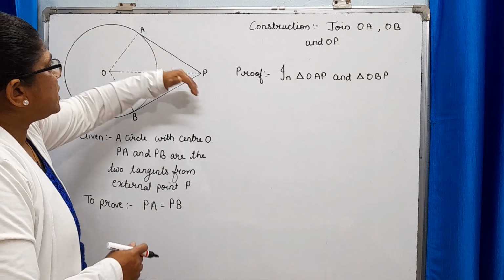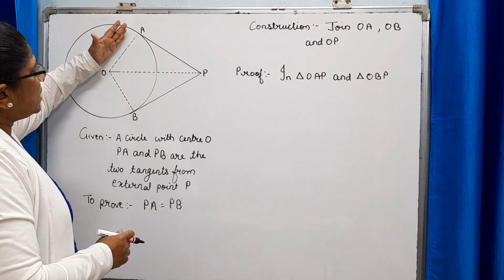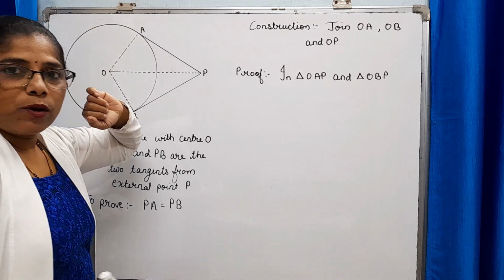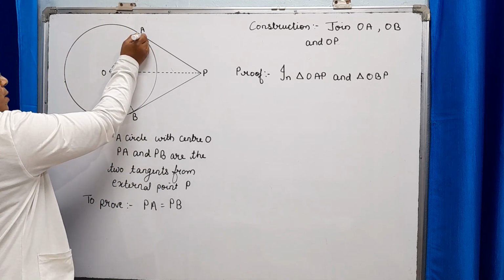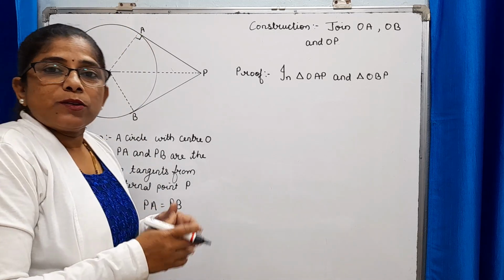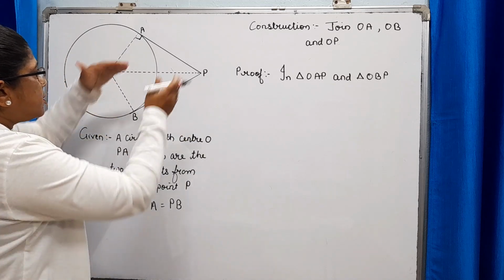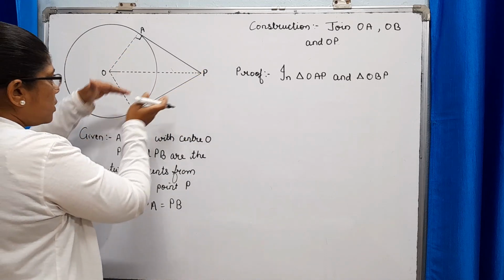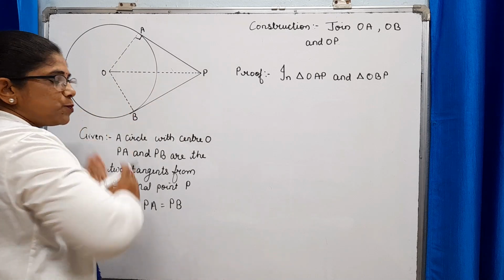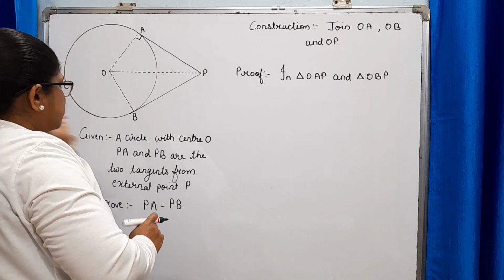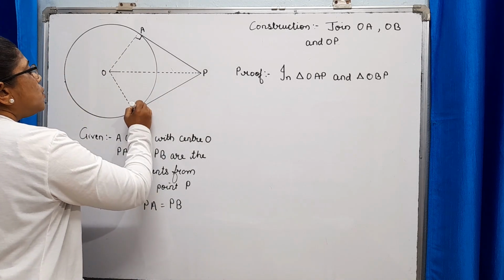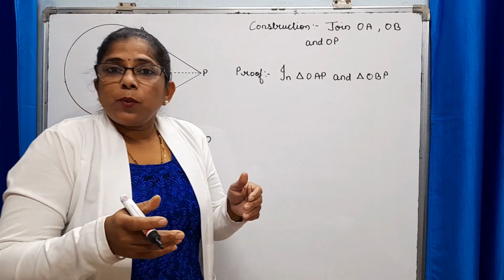So here for tangent PA, OA is the radius and A is the point of contact. So OA is perpendicular to PA. Similarly, for PB, B is the point of contact and OB is the radius. So here OB is perpendicular to PB.